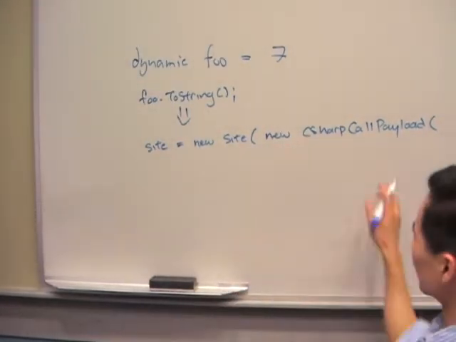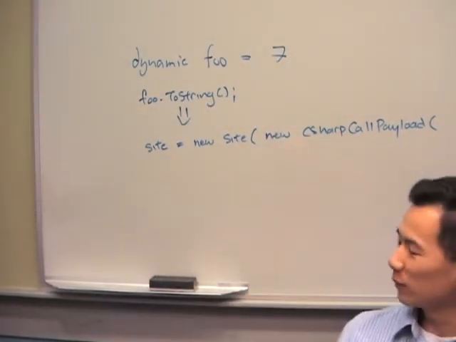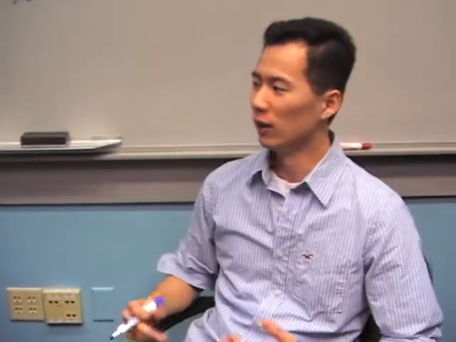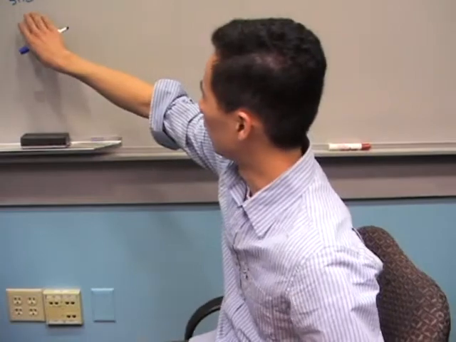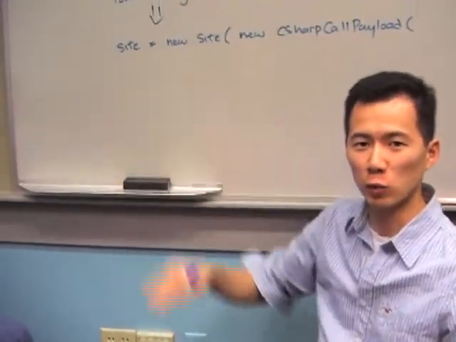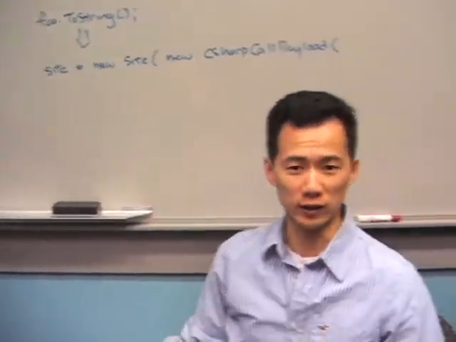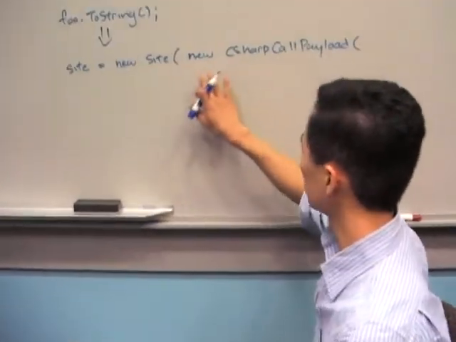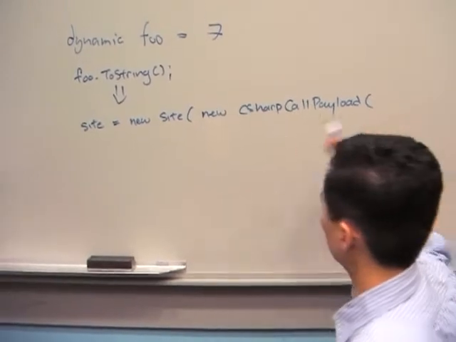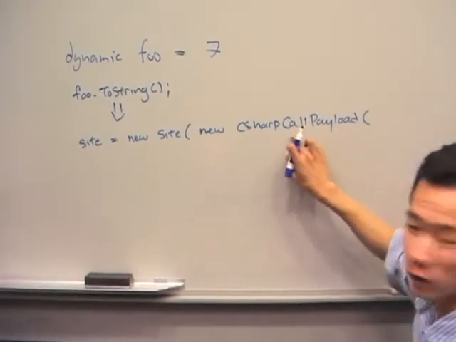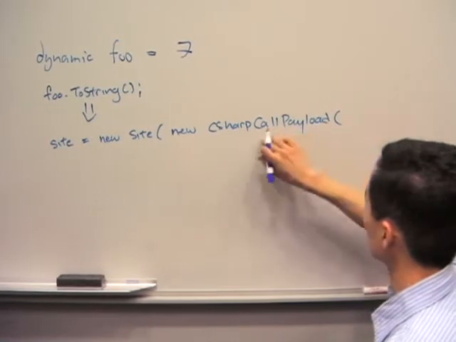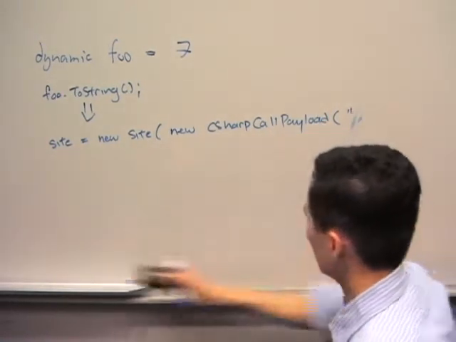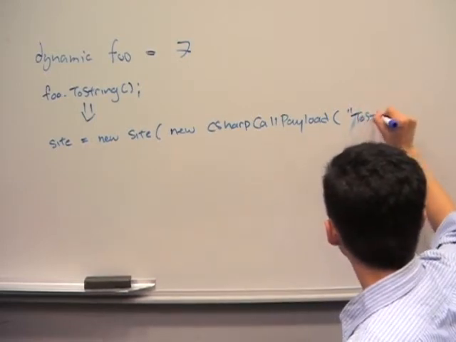Exactly. So what happens is, when we talk about invoking the DLR, and you asked whether the DLR is running, really what that is, this call site that Chris was talking about, is our gateway into the DLR. We create the call site by telling it, hey, I want something that looks like a method call, and all I know about it is that its name is toString.